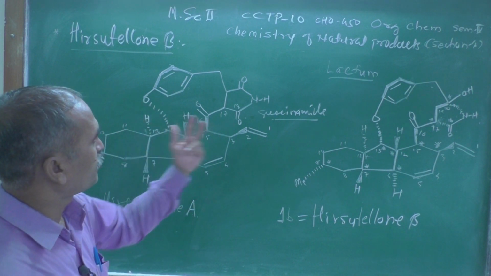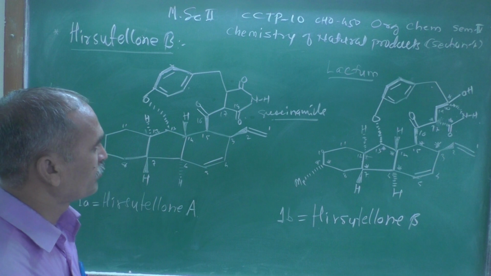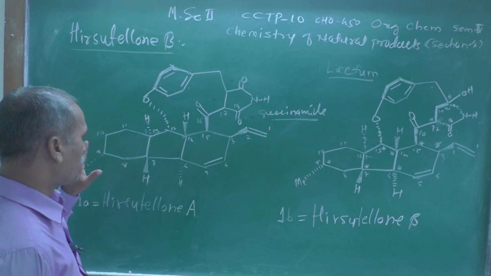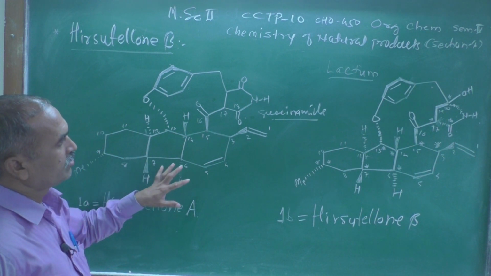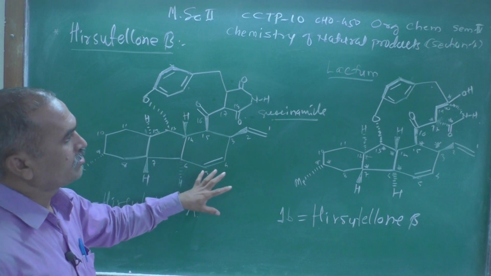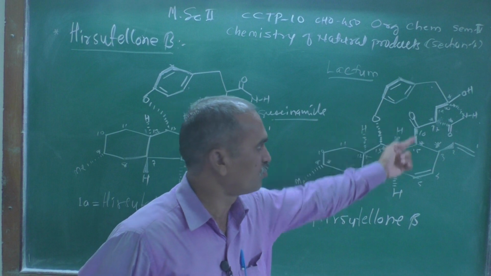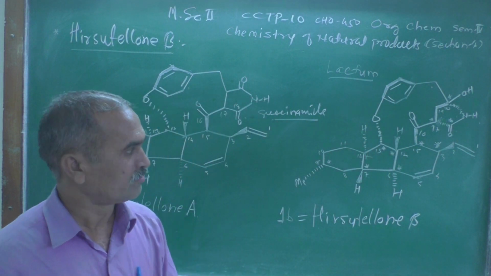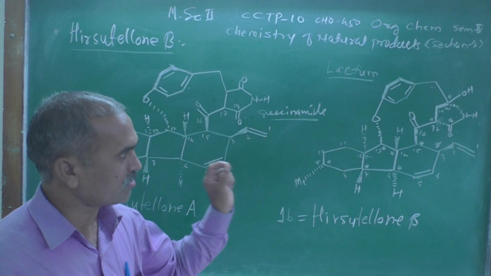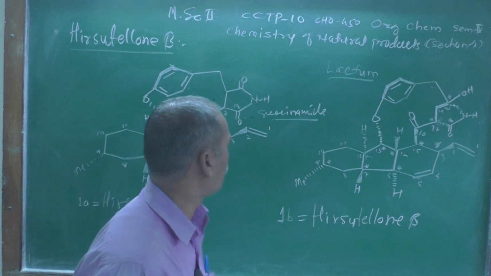If you observe both structures carefully, you will see in this case also 10 chiral centers are present, and here also we have already labeled them with an asterisk star, meaning there are 10 chiral centers.